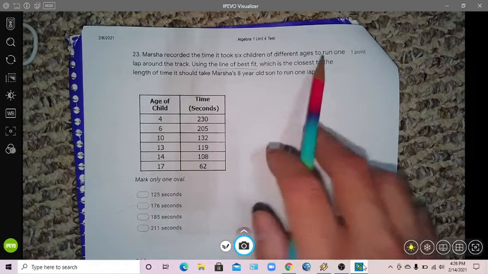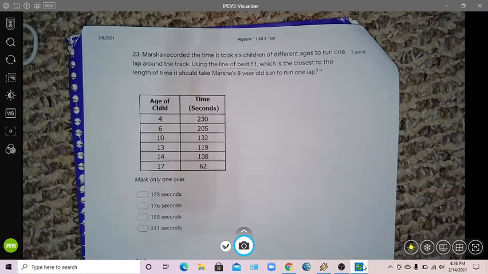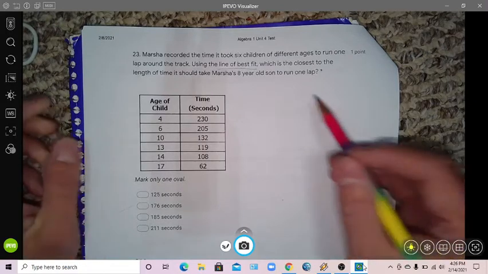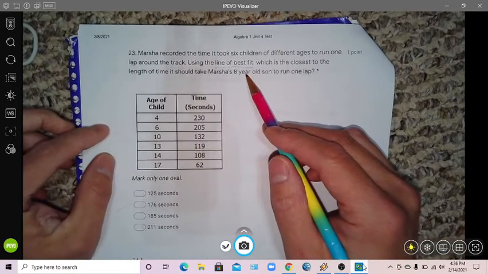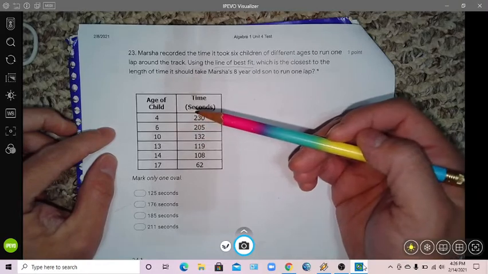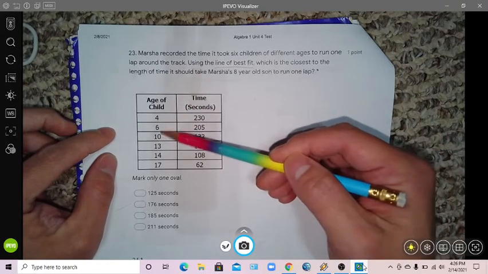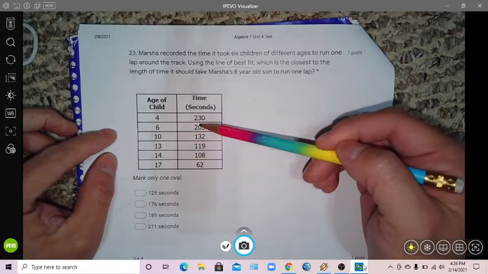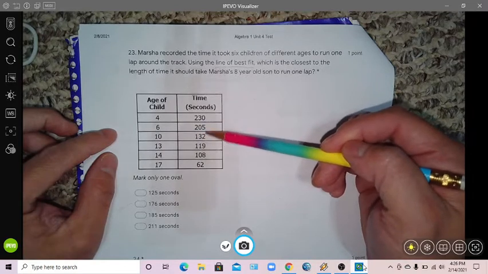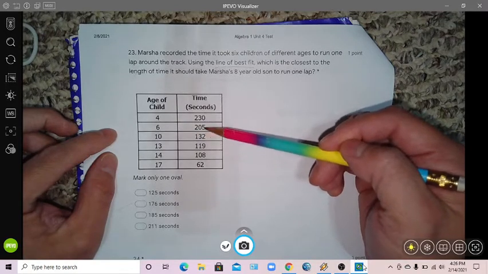Okay, so let's take a look at a couple things. Maybe we can eliminate some answers. So for 8 years old, 8 years old is between 6 and 10, right? So it should be between 132 and 205.